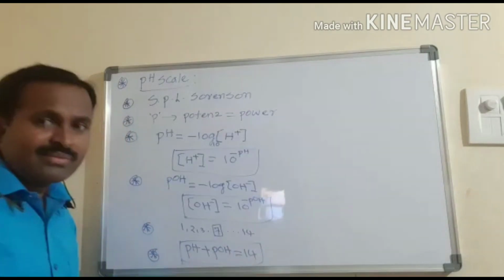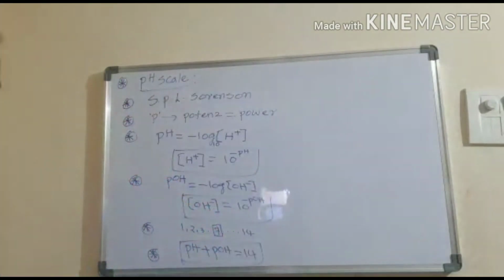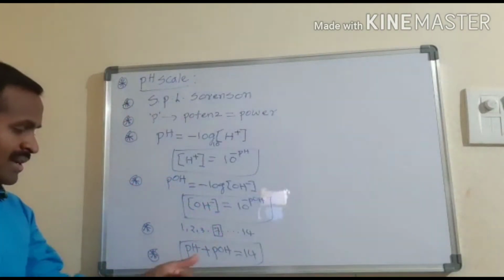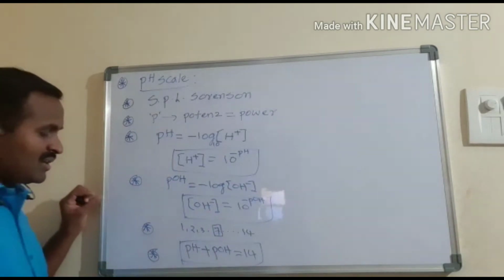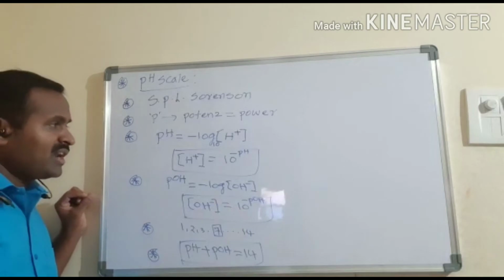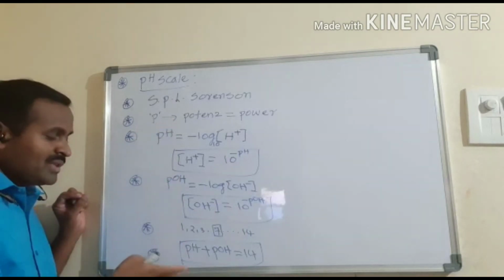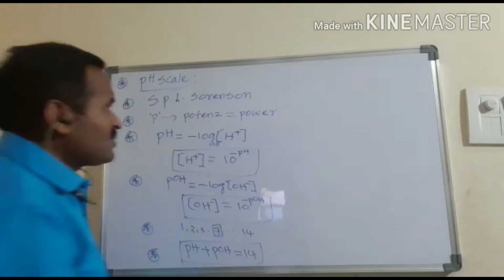The sum of pH and pOH is always equal to 14. So pH plus pOH is always 14.